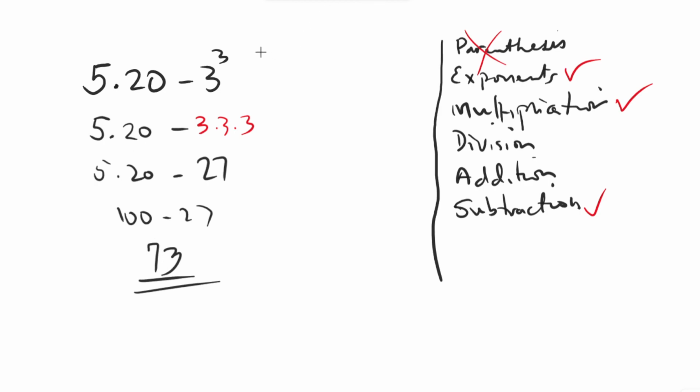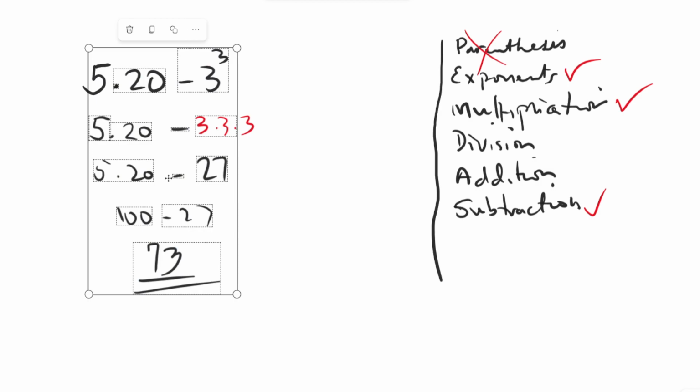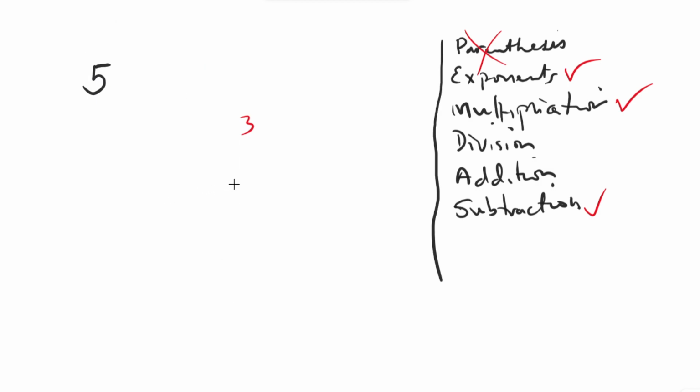So let's work on the last one. Let's do it now. We're going to get 2 factor 4 squared minus 3, minus 8.